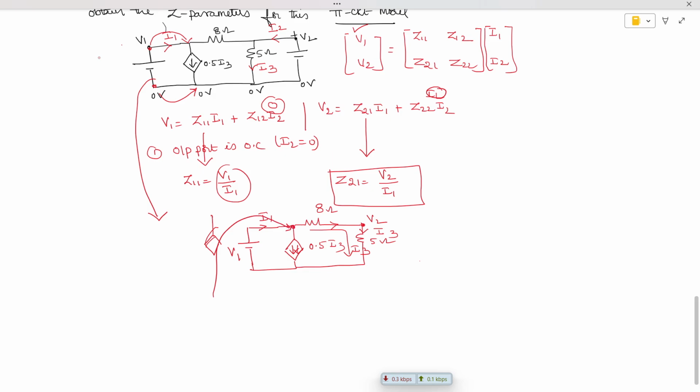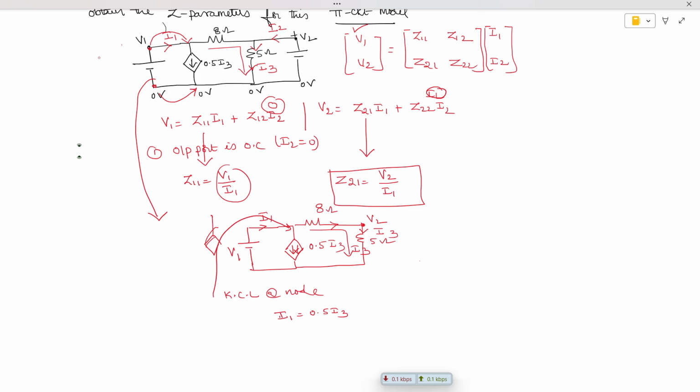Now the approach is, let's apply Kirchhoff's current law at this node. What are the entering currents to this node? I1 is entering. The leaving currents are 0.5 I3, and the current flowing in this branch is I3. Whenever you make the output open circuited, the same current which flows in 8 ohm will also flow in 5 ohm.